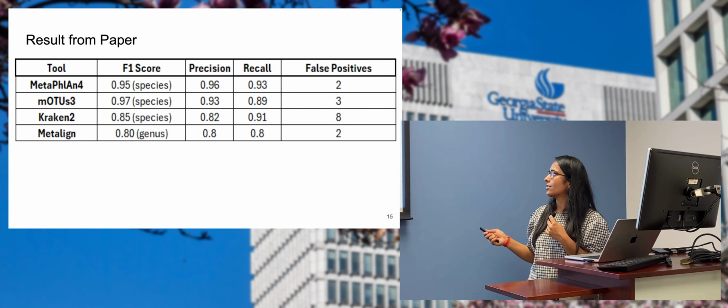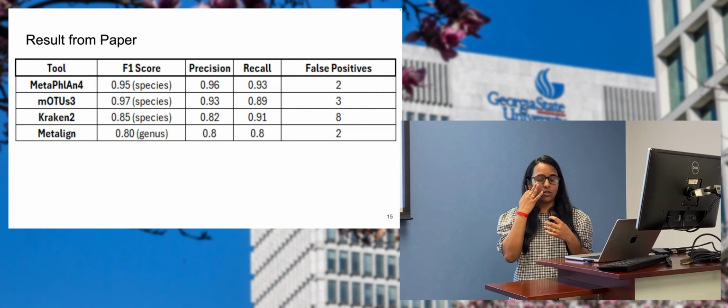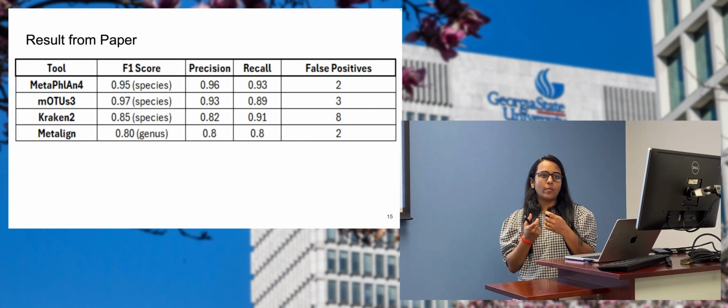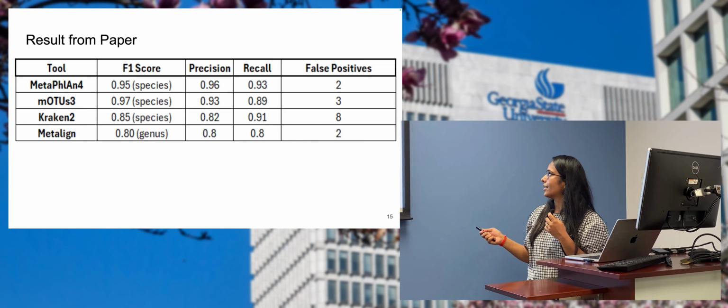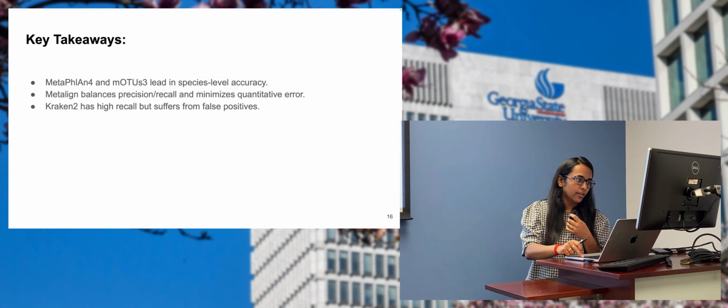You can consider this as well: if you want to find environmental genomes very fast, you can use Kraken, but it will give more false positives than the other three.